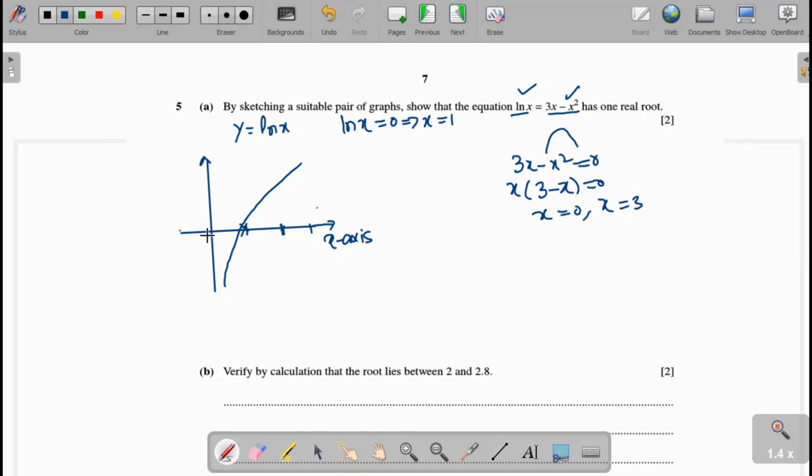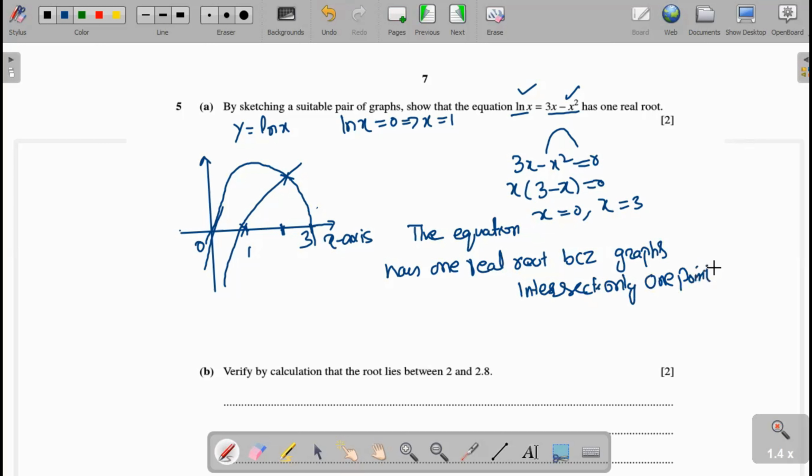Therefore the graph passes from 0 to 3. And this is the shape of the graph. We see that both graphs intersect at one point only. This is 3 and this is 1. And it intersects at one point. If the graphs intersect at one point, it shows that there is only one root.